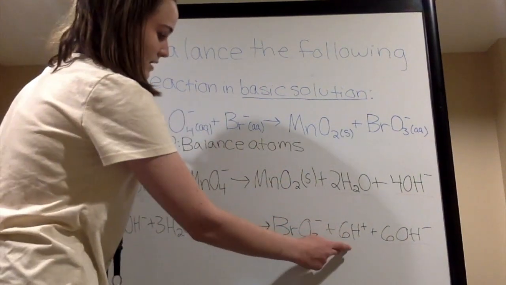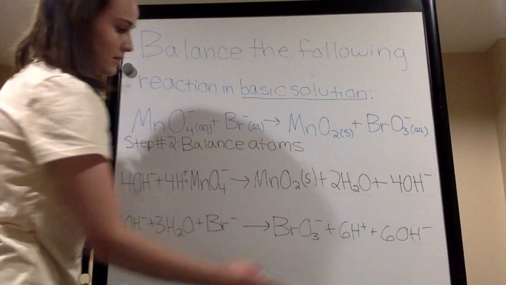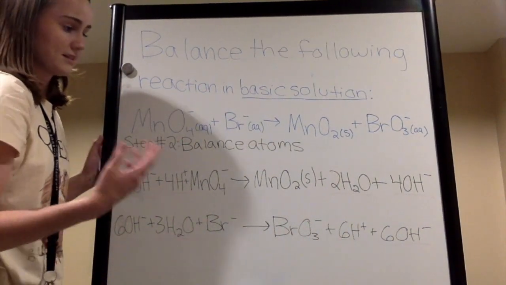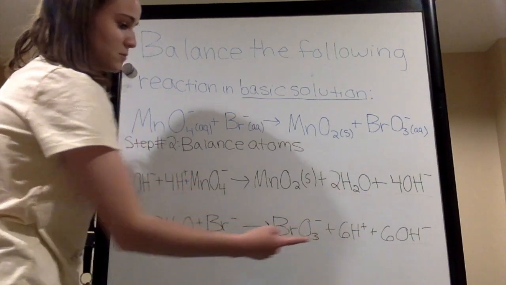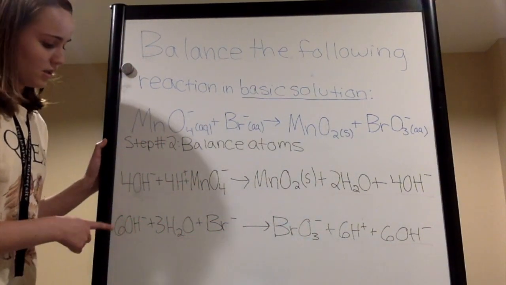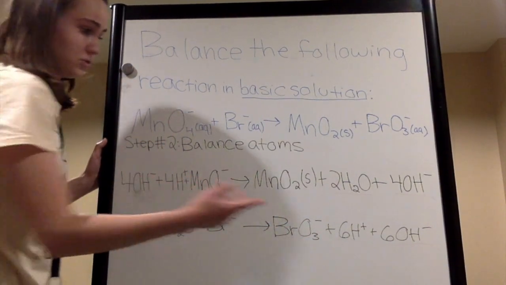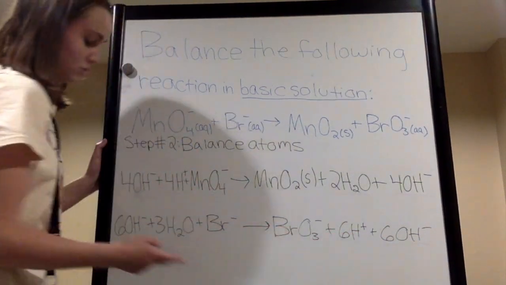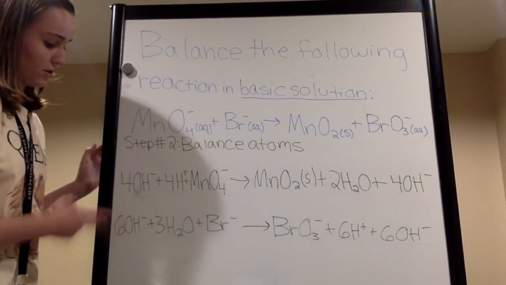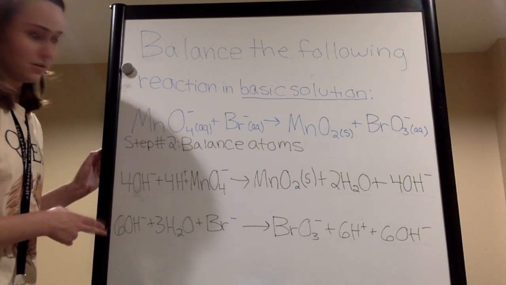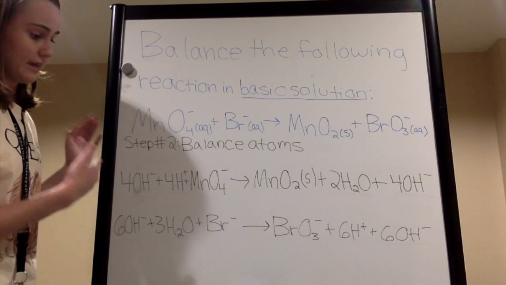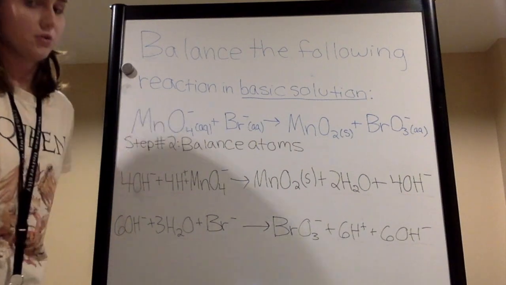Once we add 6 hydronium ions to the product side, we also have to add 6 hydroxides to the product side to balance it out, since we are in basic solution. And whatever you do to one side of the reaction, you have to do to the other. So you add 6 hydroxides to the reactant side, and then the atoms are balanced.